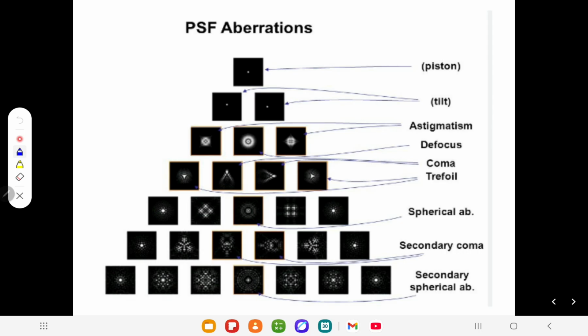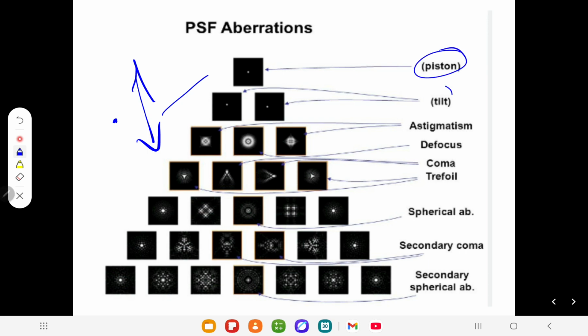Okay, so what is point spread function? Whenever one point passes through the optical system, how this point's illumination spreads in space is called the point spread function, which is affected by aberration.